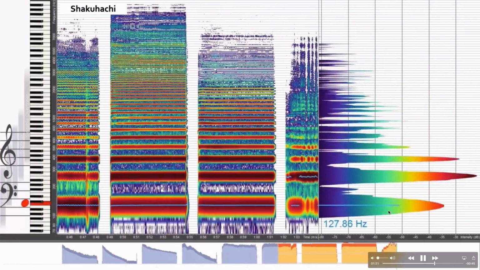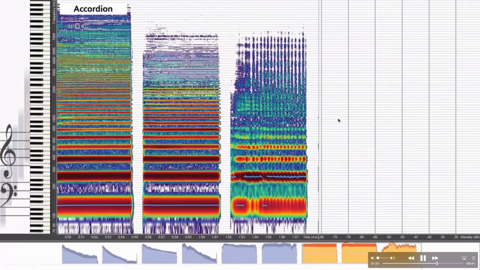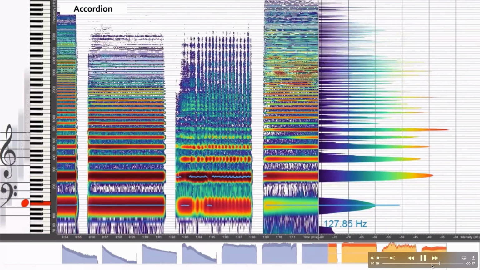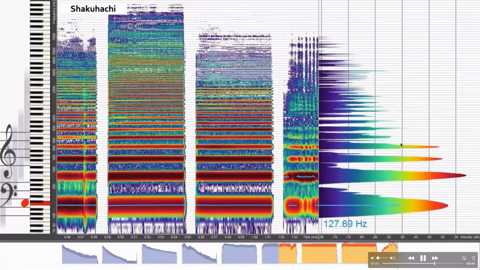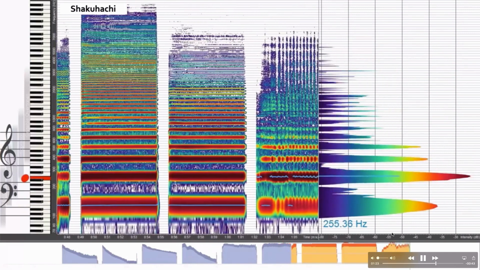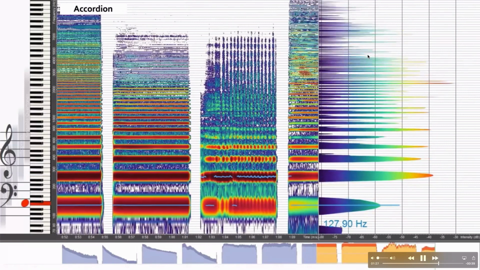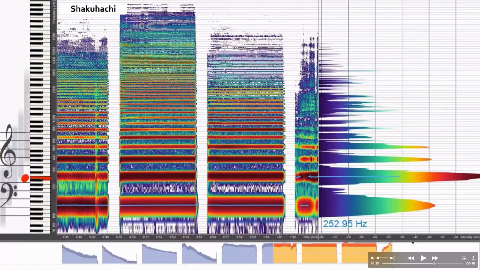Even though the note is the same, you get this fluctuation over time of the different partials. And then you have things like the shakuhachi, which has these broader peaks. Or you have something like, I think it's coming up, the accordion. They tend to be a little bit narrower there, and those lend it their particular sound quality or timbre, sound color.